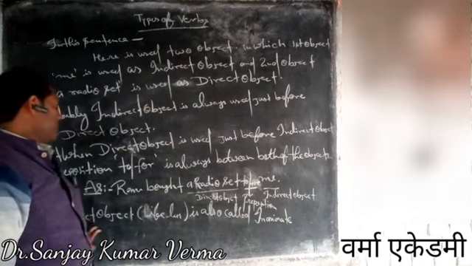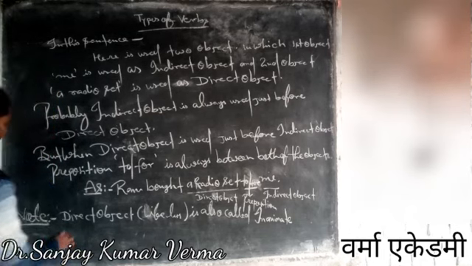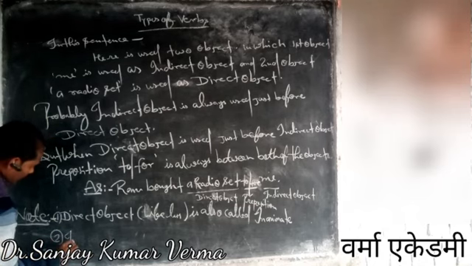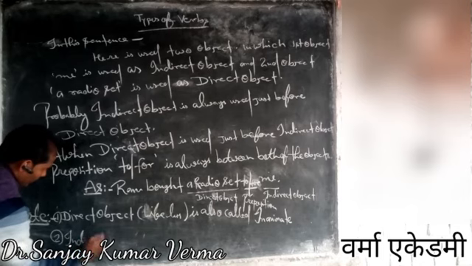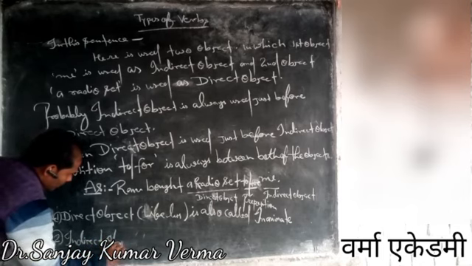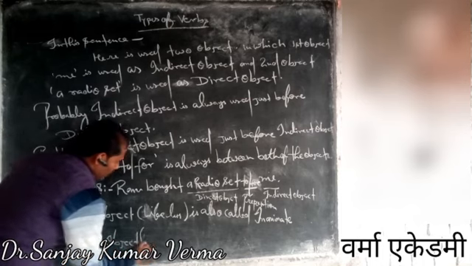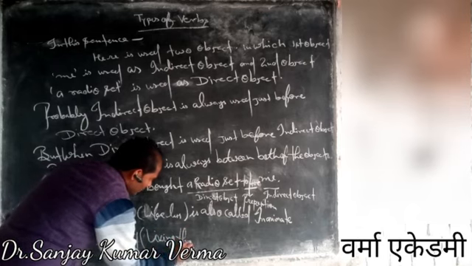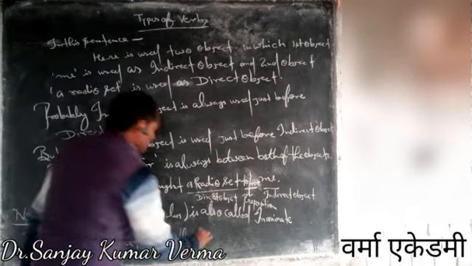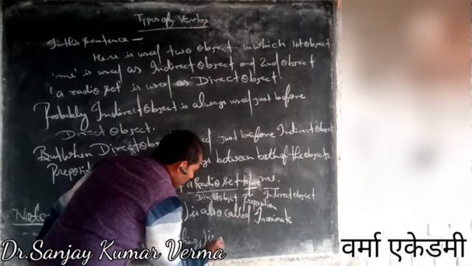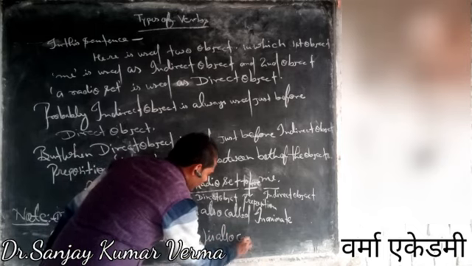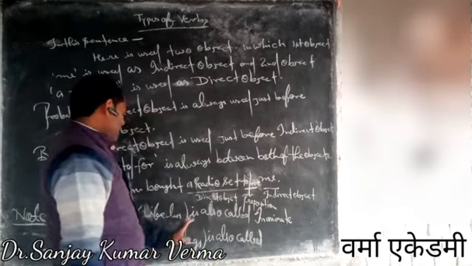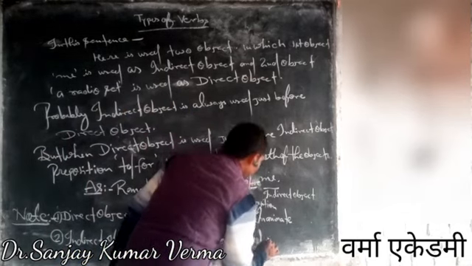Inanimate means direct objects are lifeless. And number second, indirect object that is living things is also called animate.